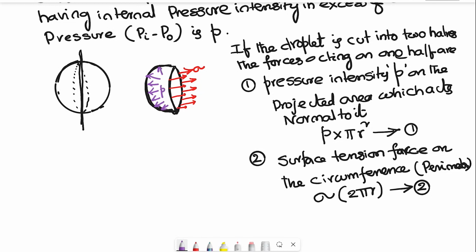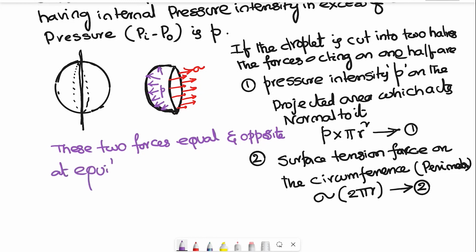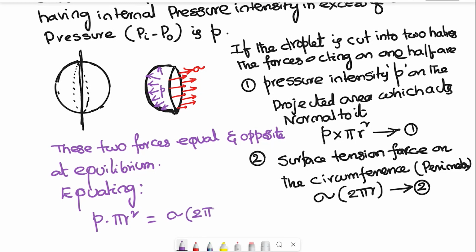Until both are equal, it tries to acquire the minimum surface area. These two forces are equal and opposite at equilibrium. Equating, P into pi r square is equal to sigma into 2 pi r.